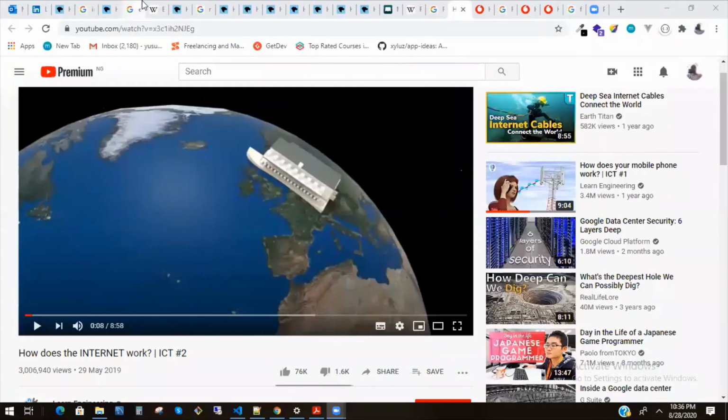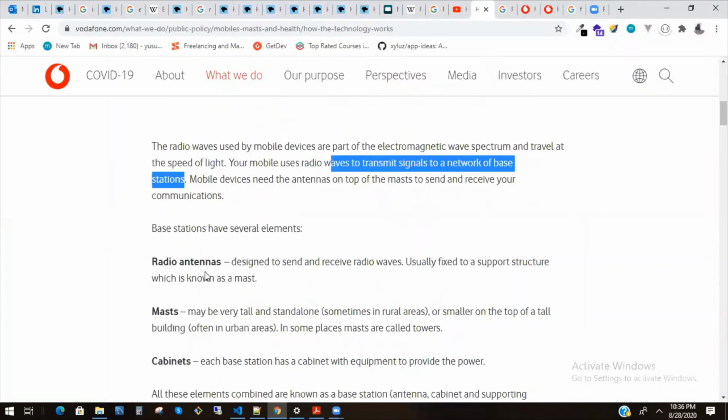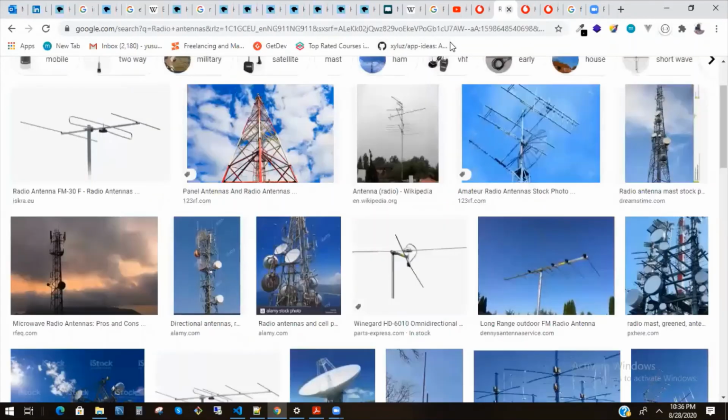These are what we call base stations. They have radio antennas, masts, and cabinets. These are radio antennas.